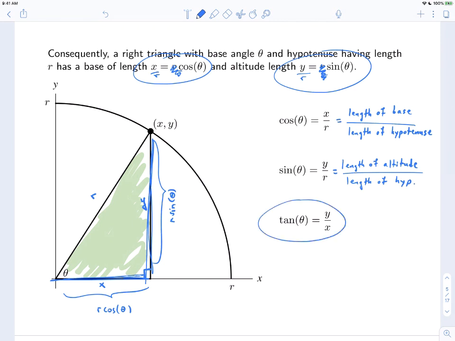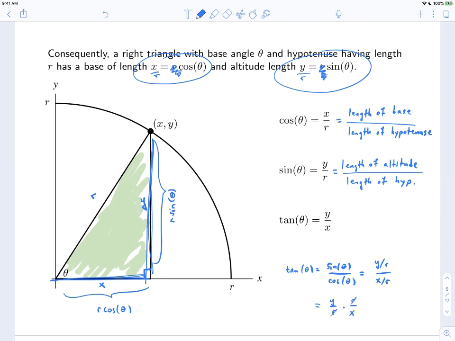What about tangent? Tangent is sine over cosine. So tangent of theta is sine of theta over cosine of theta. But sine is y over r, and cosine is x over r. Dividing by a fraction is the same as multiplying by the reciprocal, so this is y over r times r over x.